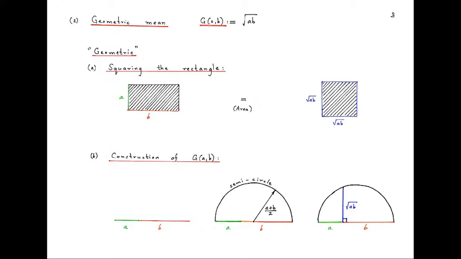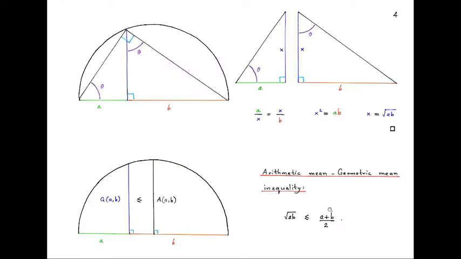So let's see why this is true. Essentially this relies on the fact that if we take any point on a semicircle, then it subtends a 90-degree angle with respect to the diameter. One can use this fact to show that this height is then the geometric mean of a and b.